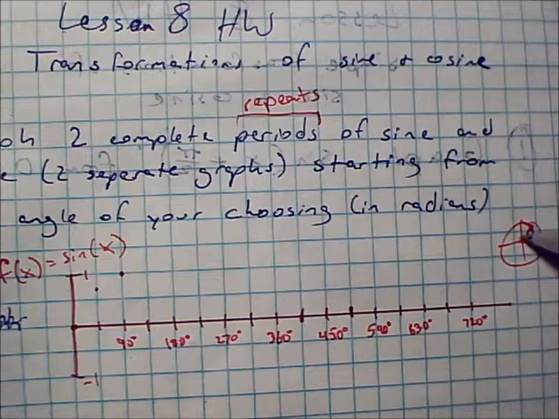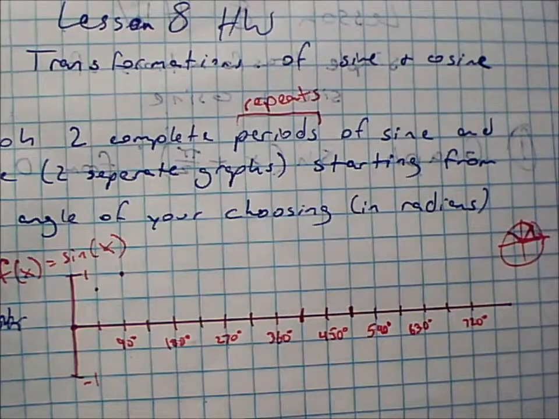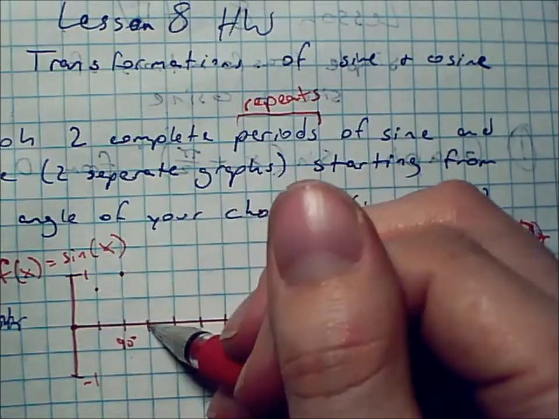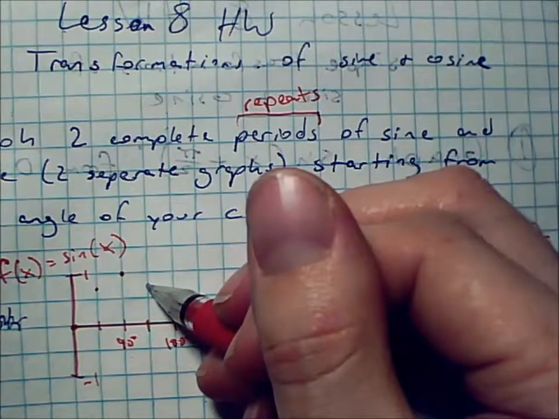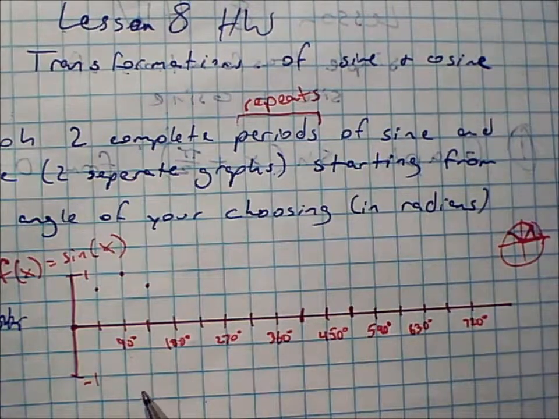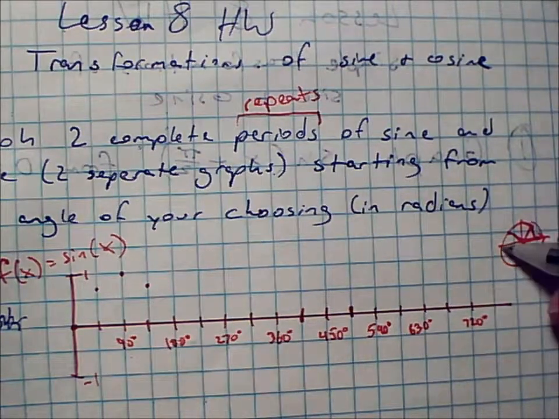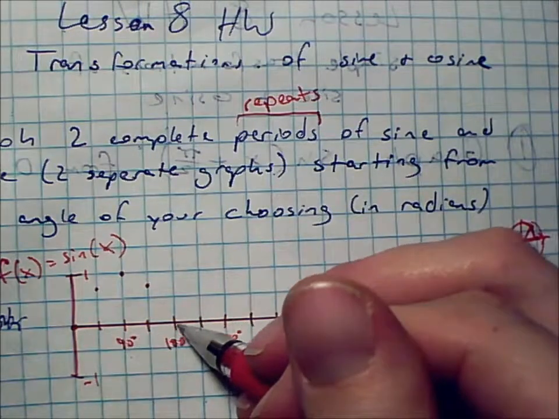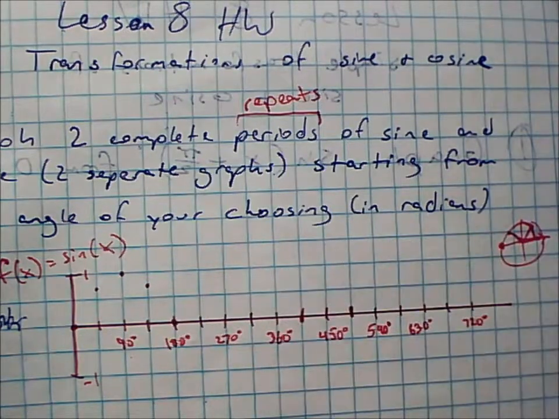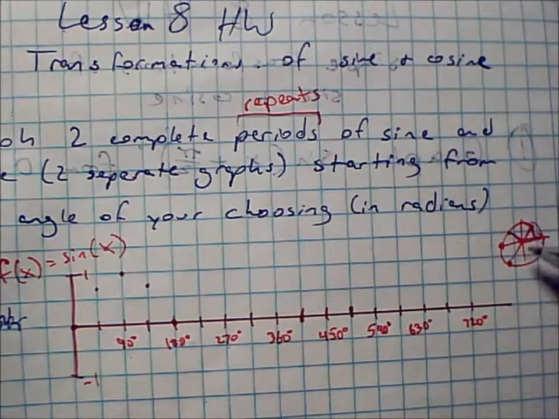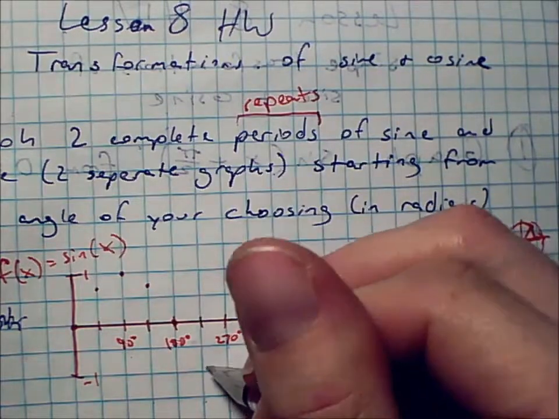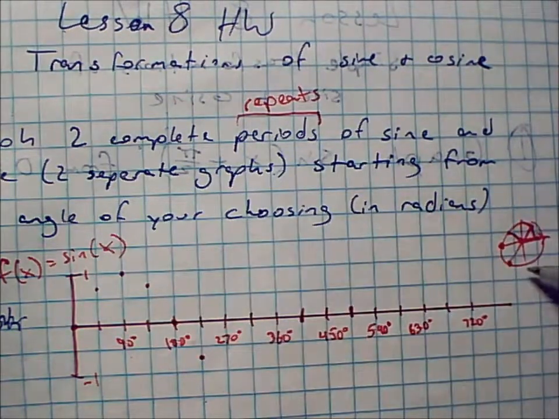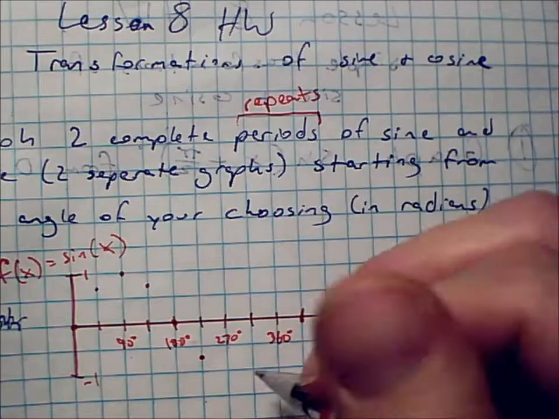At 135 degrees, that would be here. At 135 degrees, my value for sine would be square root of 2 over 2, 0.7. At 180 degrees, my sine value would be 0. 225, my sine value is negative square root of 2 over 2. 270, my sine value is negative 1.